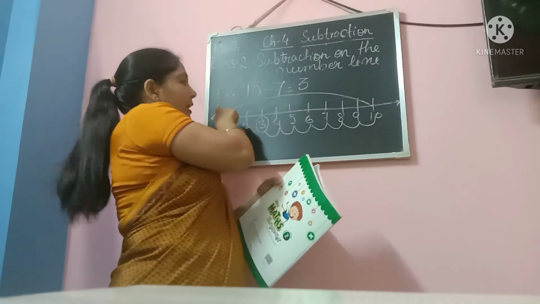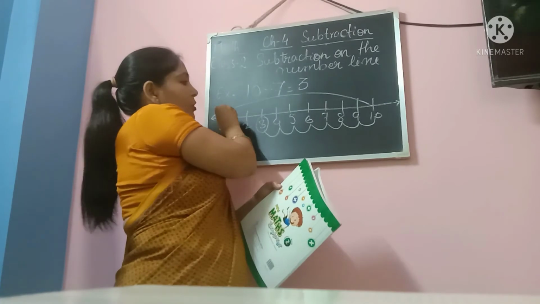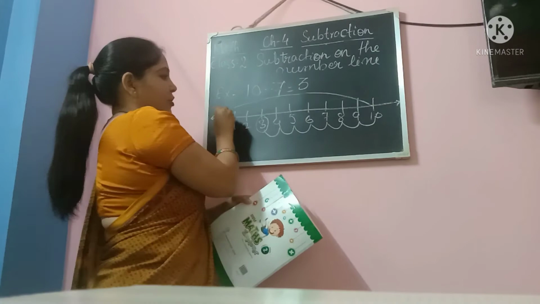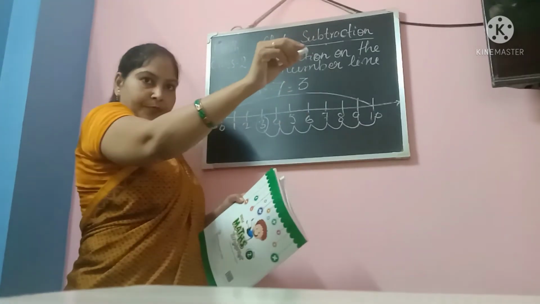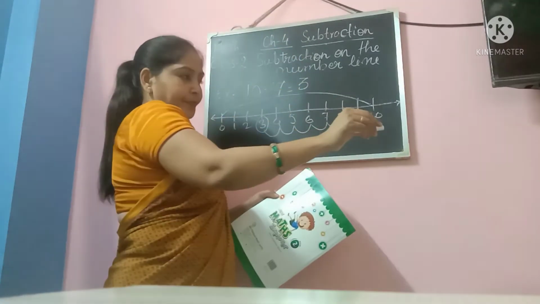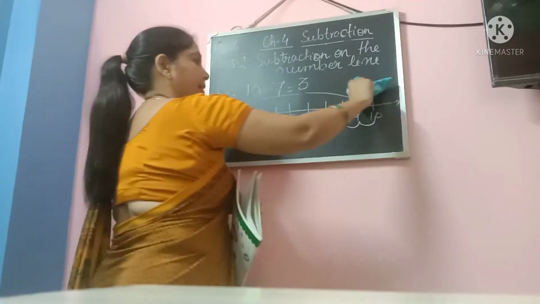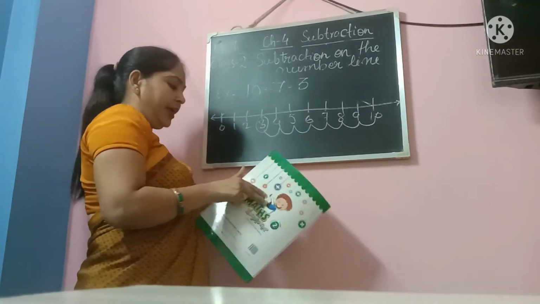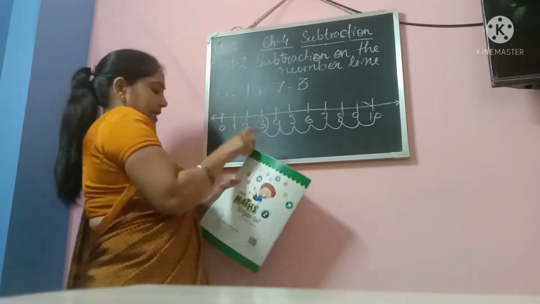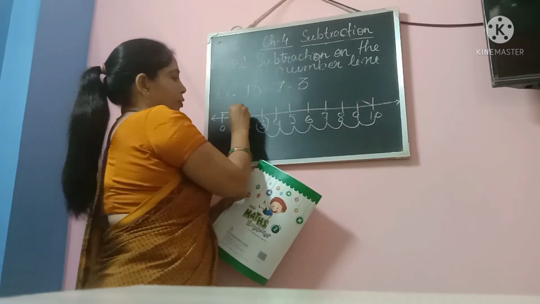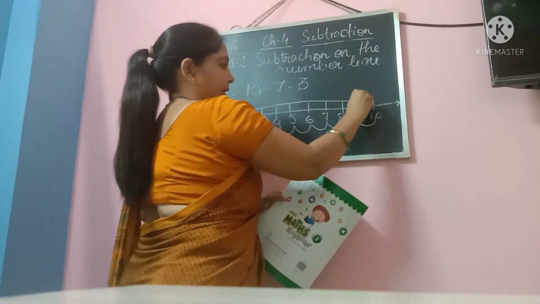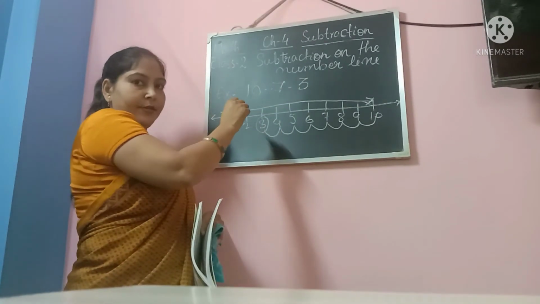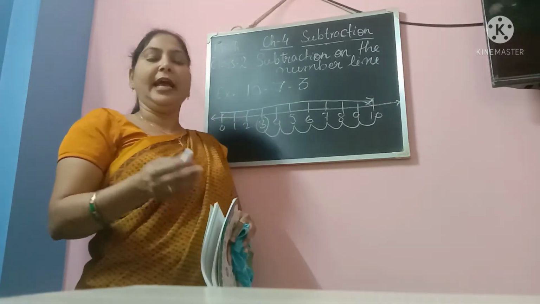So instead of this arc, you can just draw one straight line to the position from where you have to start, like it is given in your book. From 0 I will go straight to 10, and from 10 I will start moving backward. This is also one of the ways, and the previous one which I showed you is also correct.